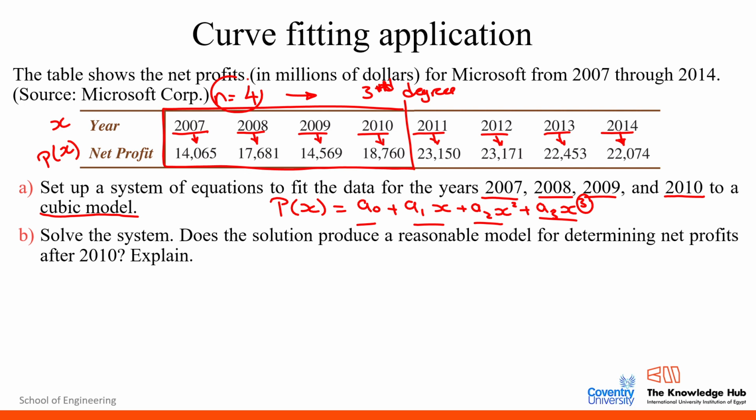Here I'm going to say let z equal x minus 2000.